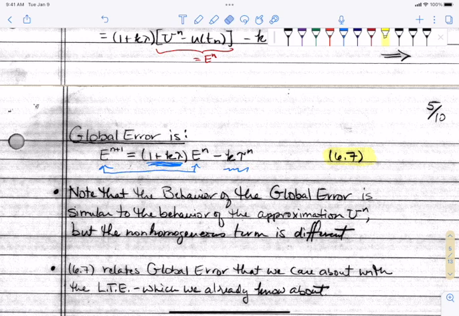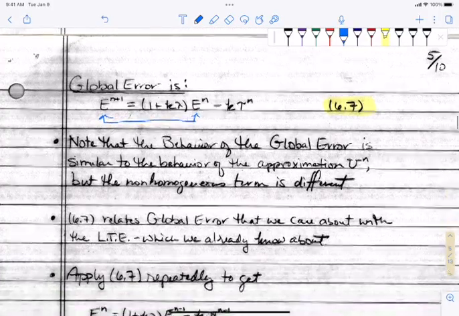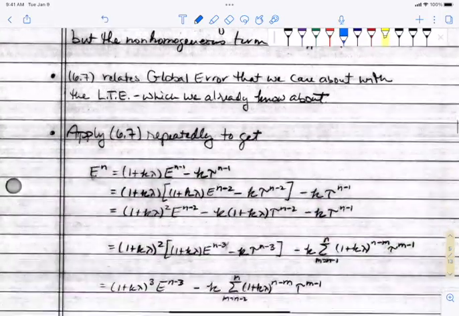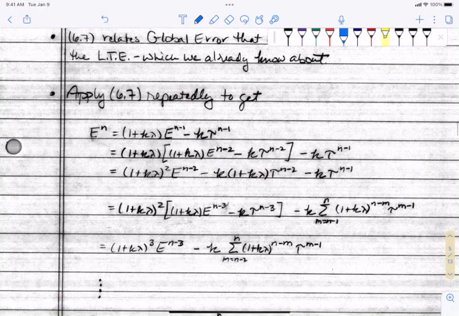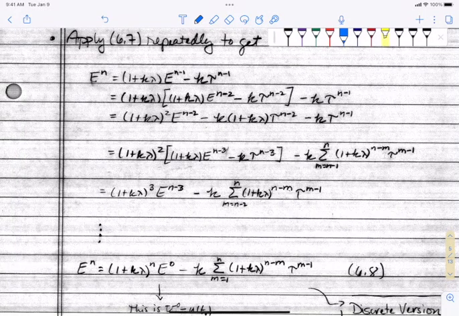So keep track of that because that's going to be the thing that we're going to focus on as we move forward. Our global error is going to get written in this form. Let's start with error at the nth time step. Just substitute from above right there. And now I'm going to do this in a recursive manner.